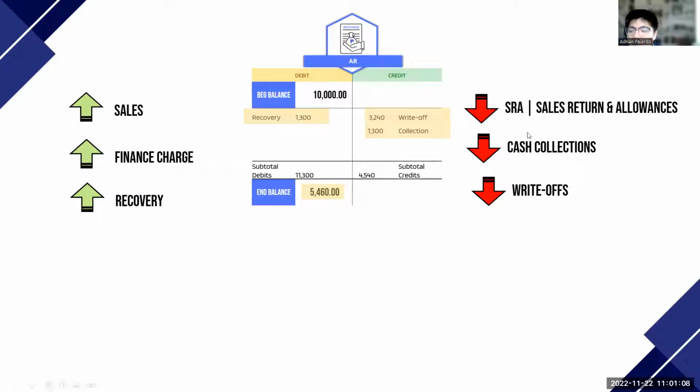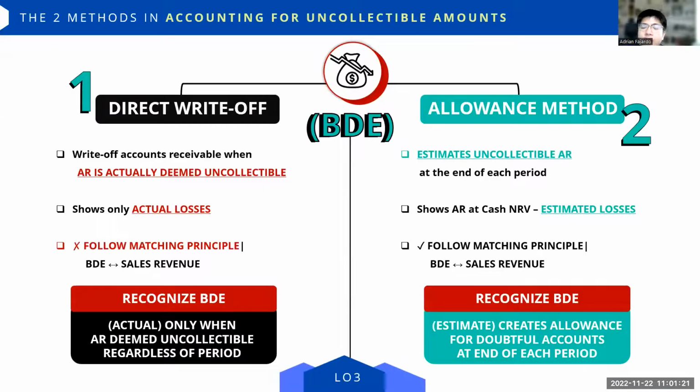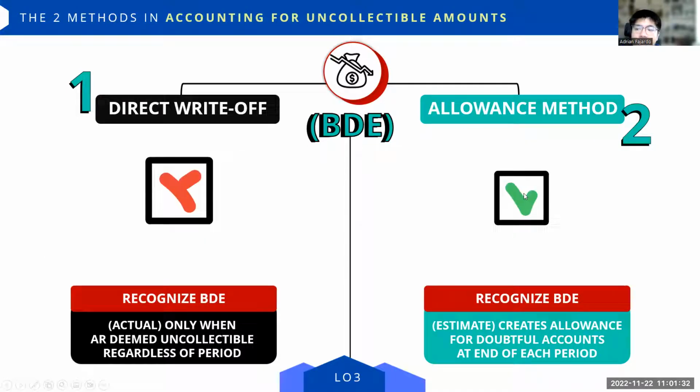So please take note na write-offs lessen AR, recovery or written off accounts that were recovered increases your AR account. So in summary, your direct write-off method only accounts for actual losses. Allowance method accounts for estimated losses. And ang fina-follow natin is the allowance method.